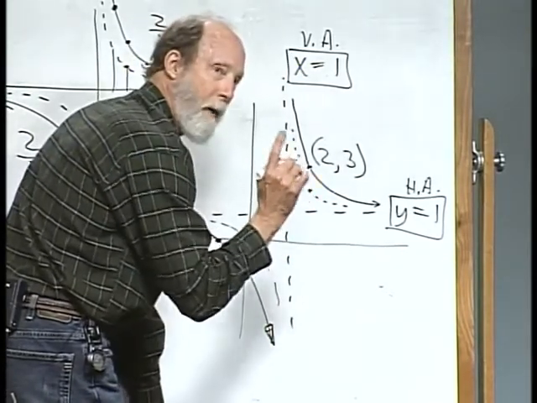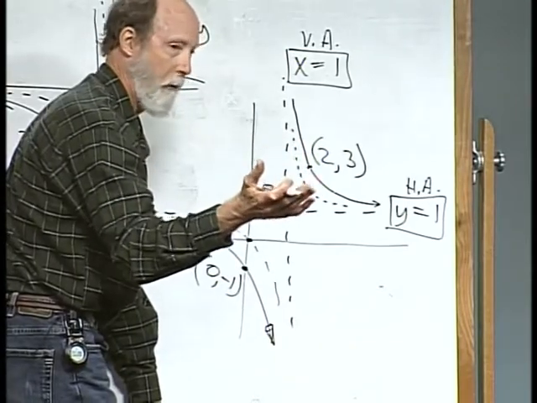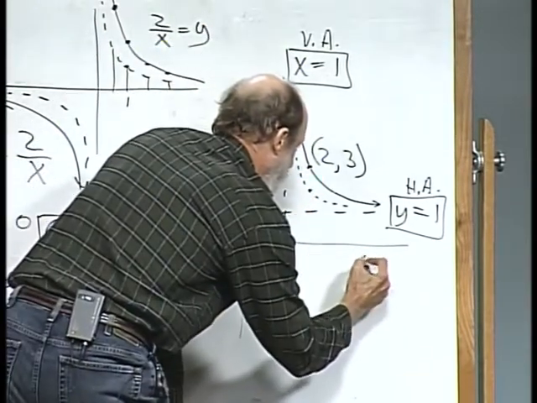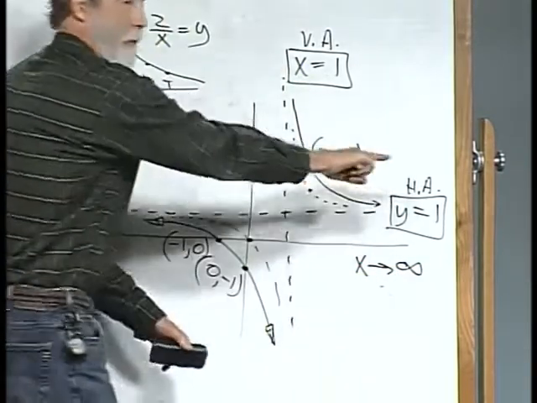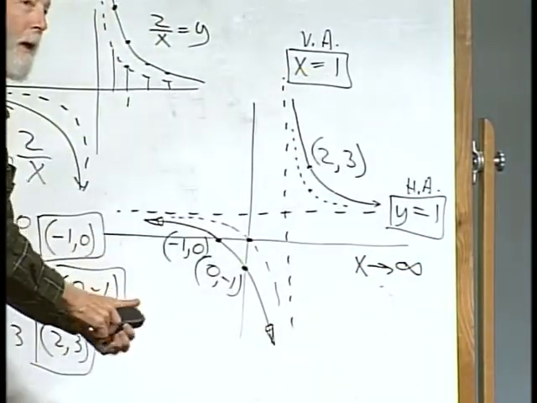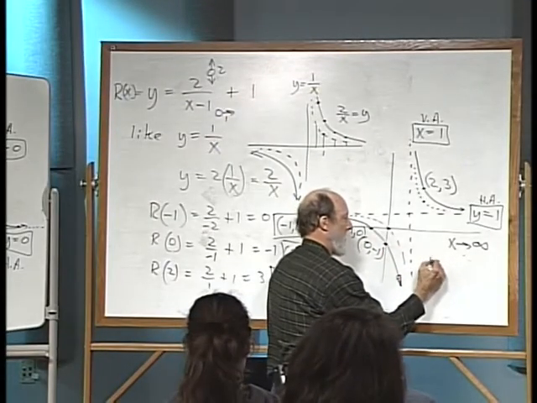So watch the mathematics. This is a fancy way to explain, and we've actually already done this. But what I would do here is I would say x approaches infinity. That means I'm heading off to the right. I go back up and look at the original function, and look at what r of x is doing.